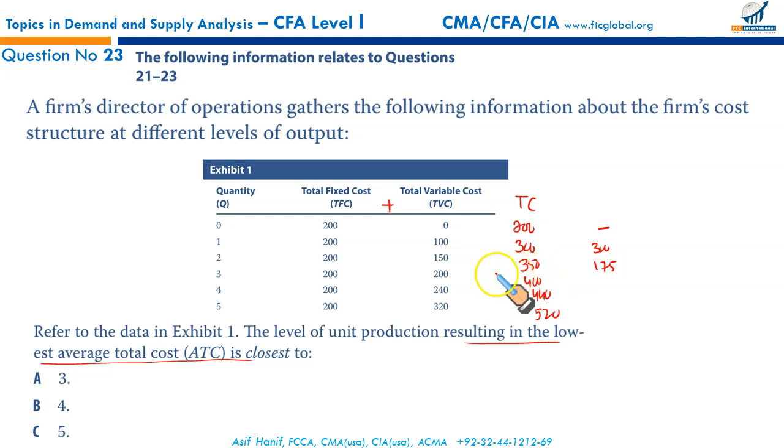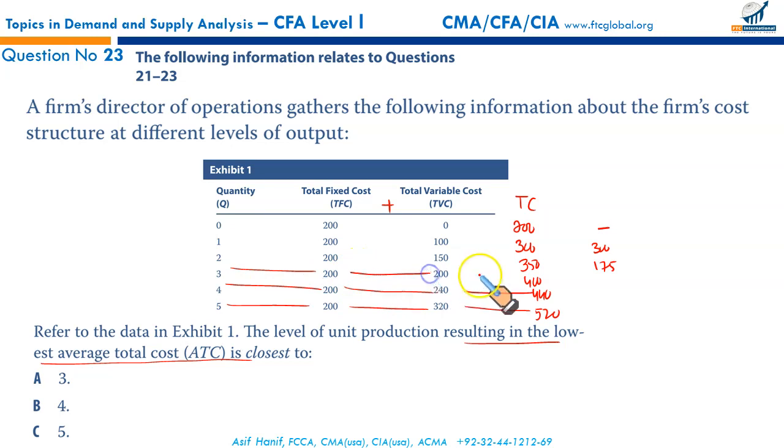Then we have 400 divided by 3, 133. 440 divided by 4, that's 110. And then finally 520 divided by 5. So average cost falls to as low as 104.